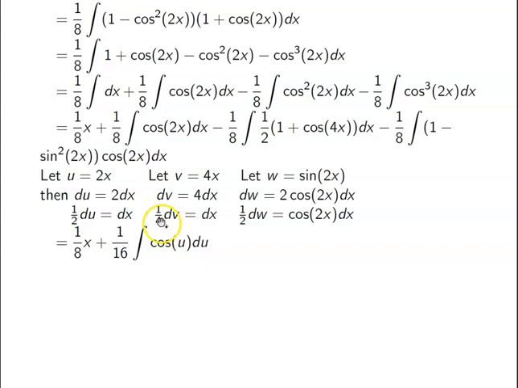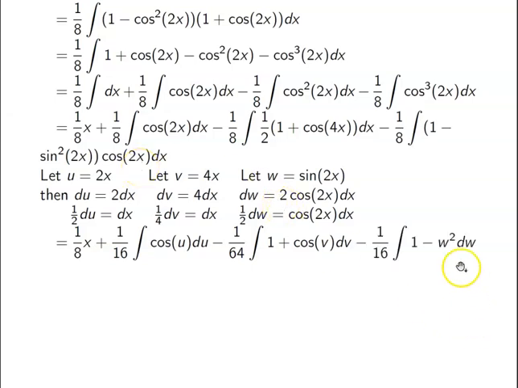And for this one, I'm putting in a 1/4, so 16 times 4, so that's 64, I'm sorry. So I have minus 1 over 64, then just 1 plus cosine of v in this case, dv. Here I'll have 1/8. I am using 1/2, so then that'll be 1/16. So minus 1/16 integral of 1 minus u squared. And then this is just going to be my dw, I'm sorry. So 1 minus w squared.